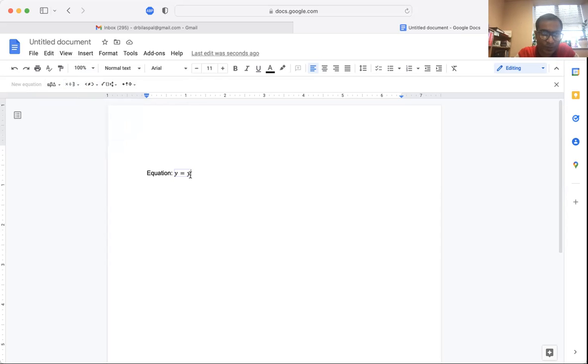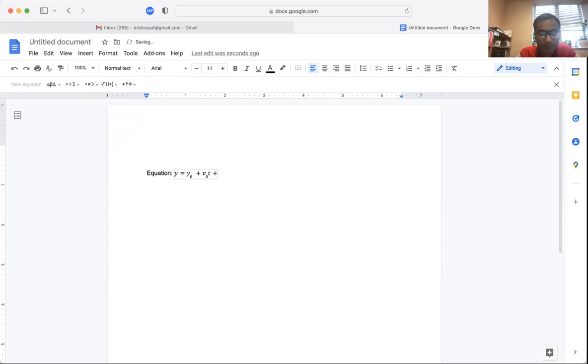To write a subscript, you have to press shift underscore and then 0. That's how we get the subscript 0, and then plus v0 t, with shift underscore 0.